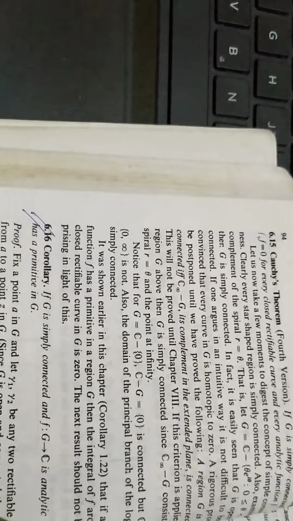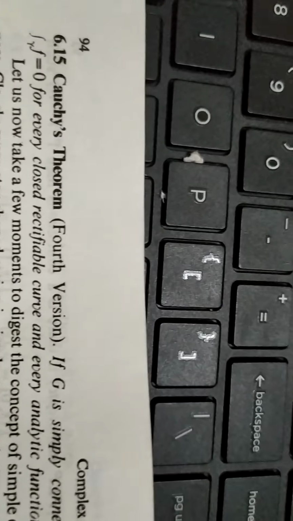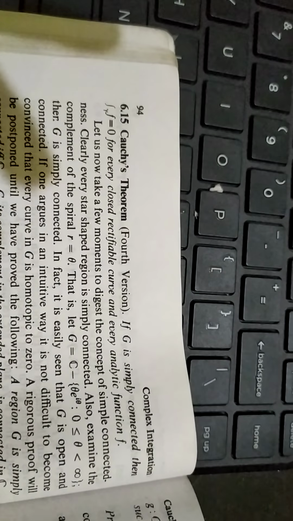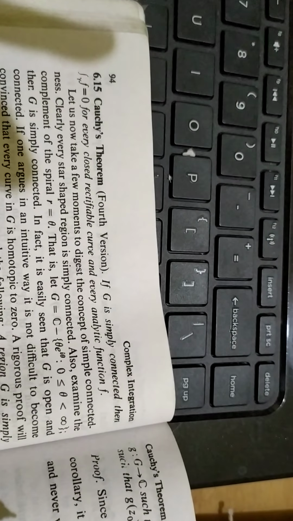Then we have this immediate statement of the Cauchy theorem. What is the Cauchy theorem? If G is simply connected, then the integral along gamma of f equals 0 for every closed rectifiable curve gamma and every analytic function f.